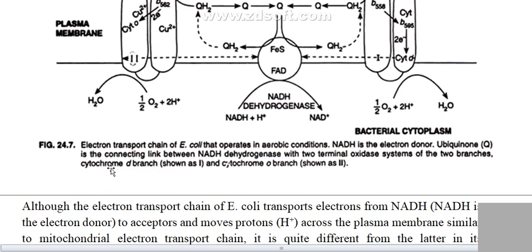One branch is called the cytochrome D branch and the other one is called the cytochrome O branch.